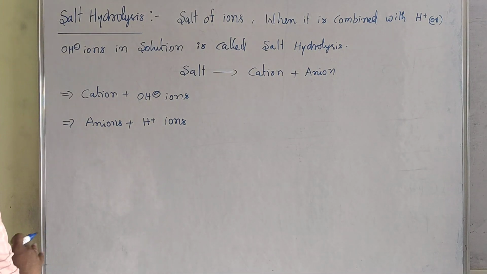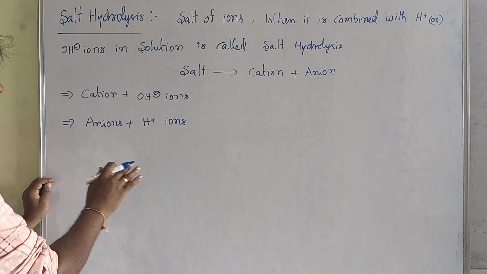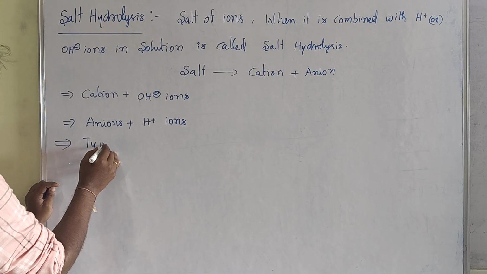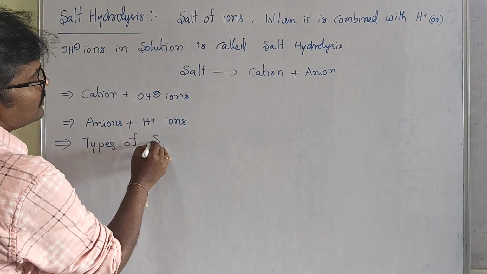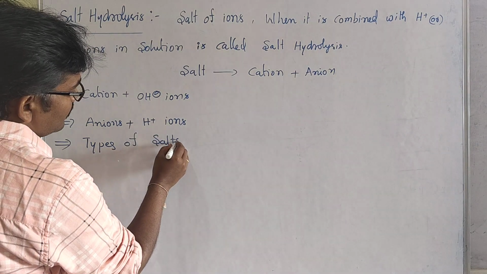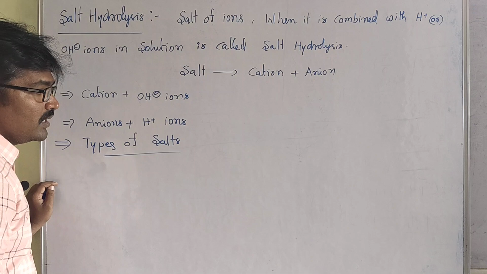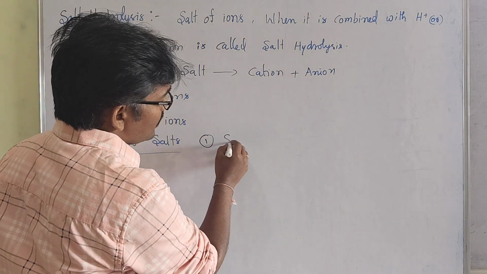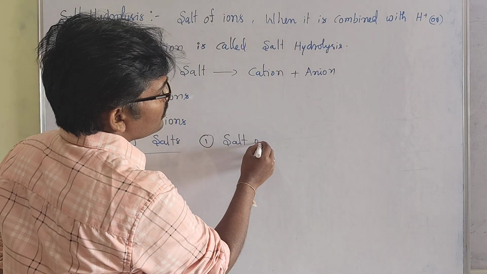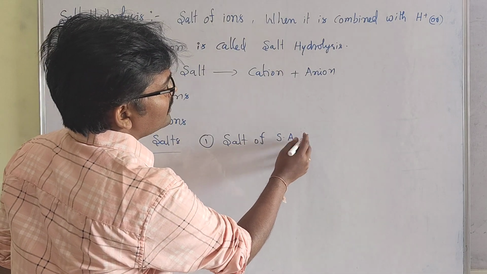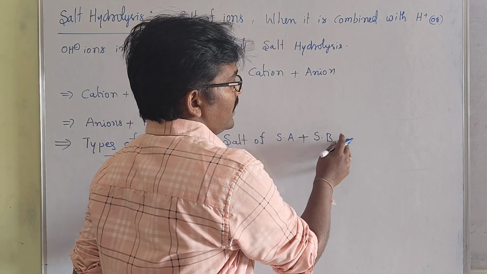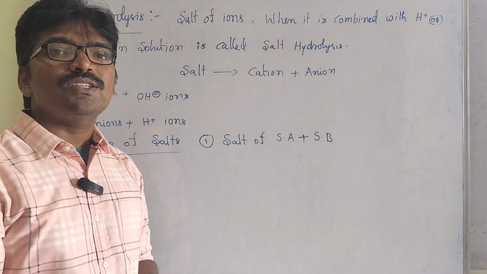How many types of salts are there that we have to discuss? Types of salts. Number 1, a salt of a strong acid and a strong base.